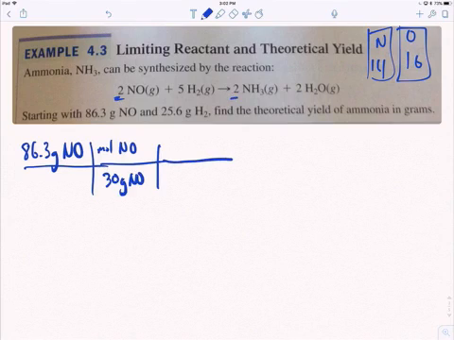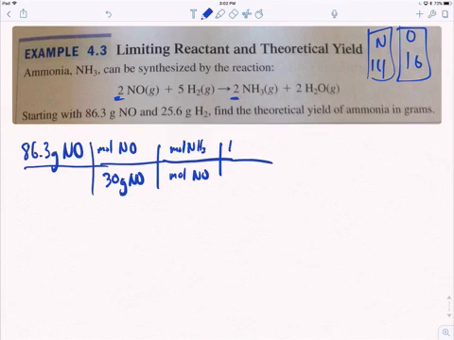There is a 2:2 or a 1:1, however you want to put it: mole ammonia to mole NO. And then 17 grams ammonia to mole ammonia. And same thing for hydrogen.